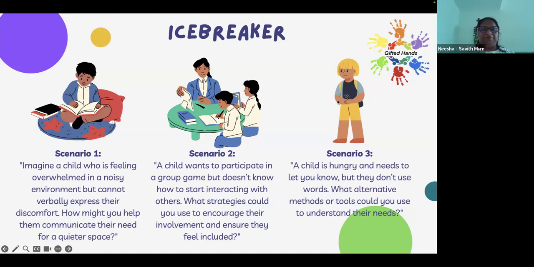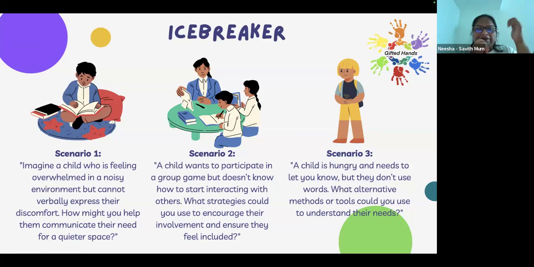Actually, you all can hear me, right? Yeah, we can hear you. Okay. For a child who is having sensory sound sensitivity, the best tool to use here is headphones. I take one example. Say the student needs to take part in the assembly, so it's going to be with sounds anyway.